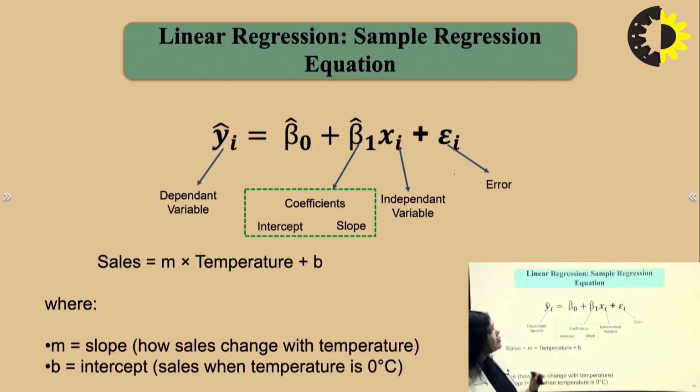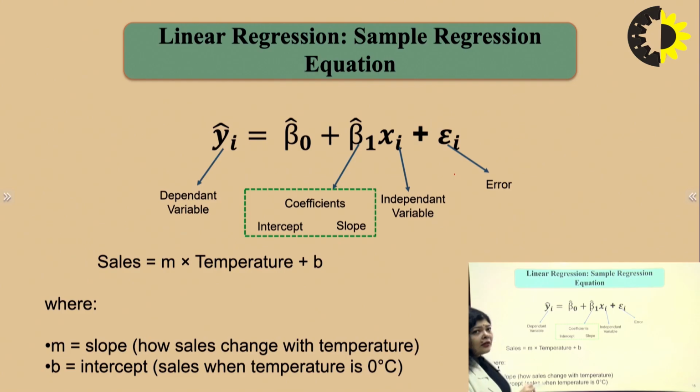Now, the next thing we need to know is what is the sample regression equation. When we talk about the sample regression equation, we need to be clear that we do not have the whole of the data to create the model right now. Rather, we have considered only a fragment of this population data, and that fragment which we have drawn is nothing but a small sample from that population.